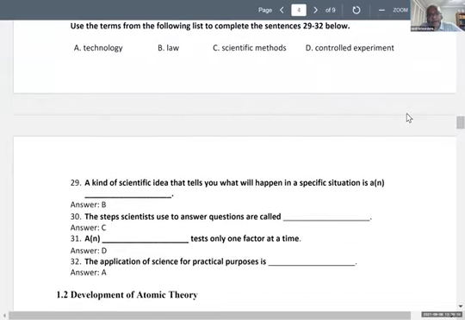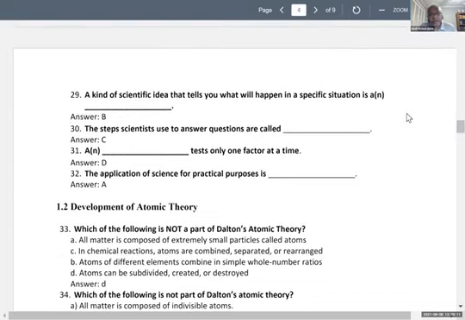Number 29. A kind of scientific idea that tells you what will happen in a specific situation is a kind of scientific idea. What happens in the specific situation is a law.